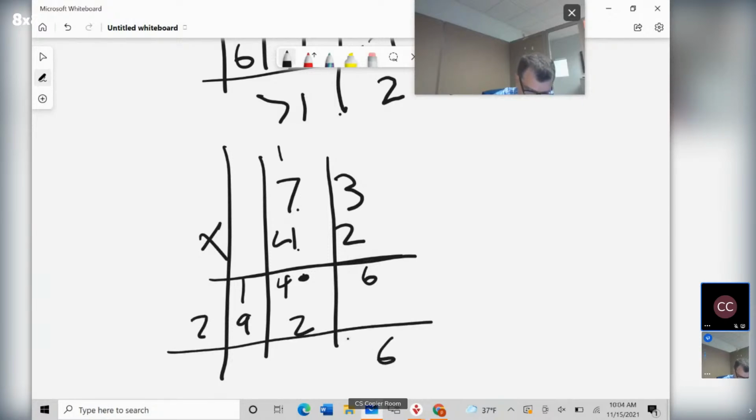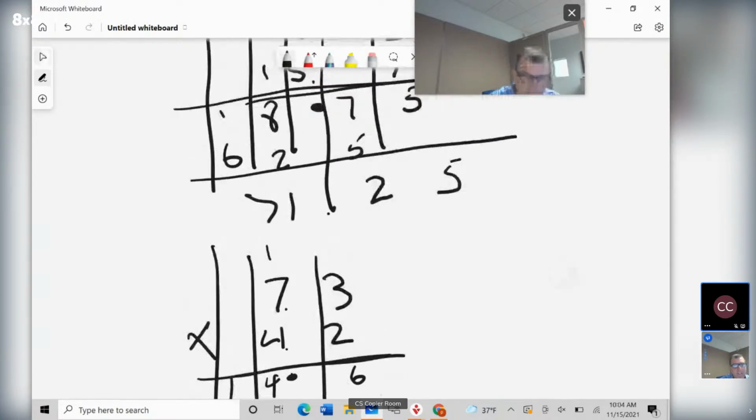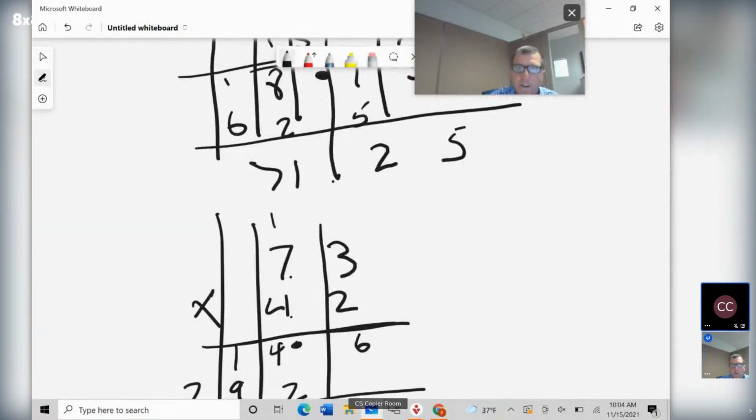So we're going to get 6, 6, 1, 30. So we get 30.66. Like I said, it was going to be close to 28. It's a little bit bigger because we have numbers that are like 7 1/3 and 4 1/4. So it's going to be a little bit more than 28.